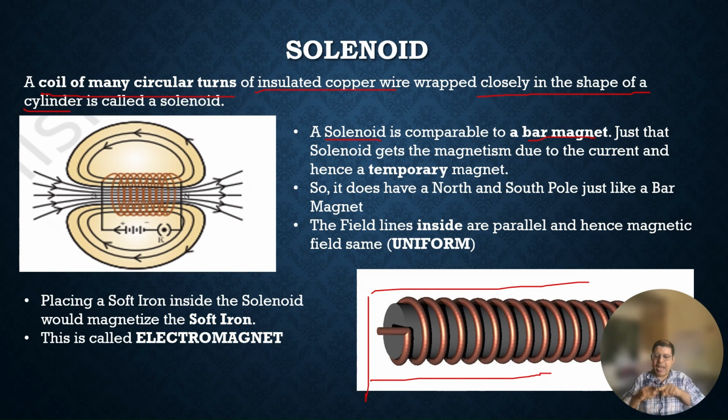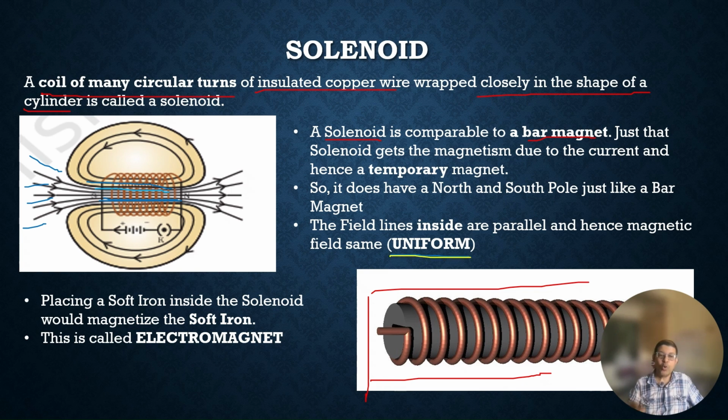They will appear parallel to each other. Here in the center, I will take the blue indicator. Here in the center, they are parallel. And then far away from the center, they appear apart. Right? That means they are uniform in the center.